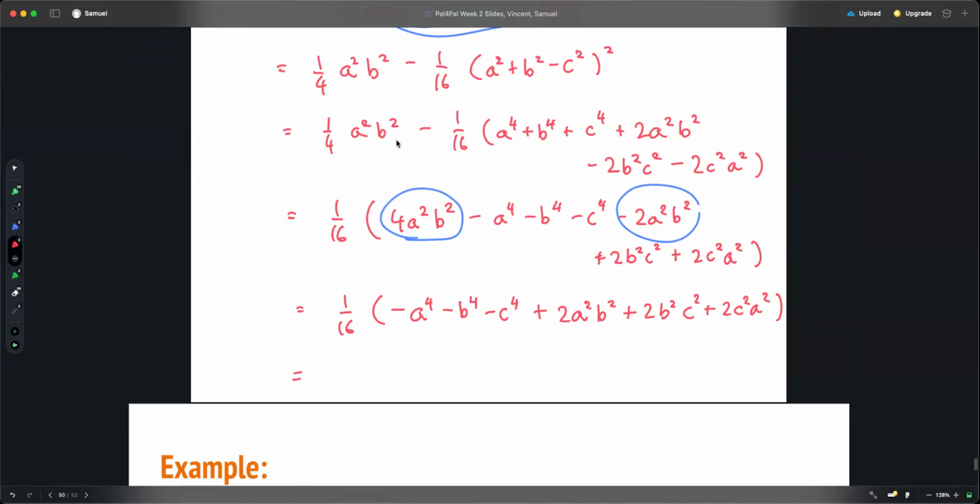Okay, let's see. Do I remember how to? Wait, actually, okay. So we want to simplify this. Wait, Samuel, what are you going for here?